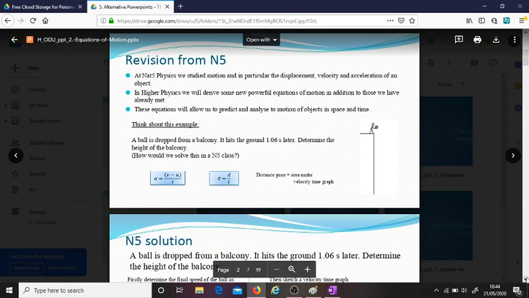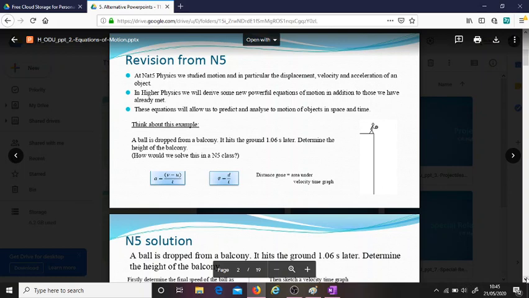So in terms of information, what have we got? We've put down the first formulas that we would know from National 5. Acceleration equals v minus u over t, where v is final velocity and u is initial velocity, and velocity is distance over time.